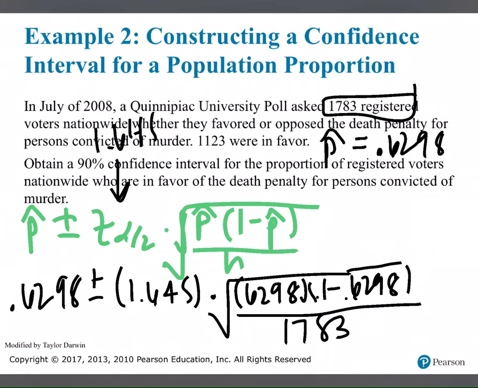Don't confuse n with the number of people who are in favor. N is the total amount of people that we asked.